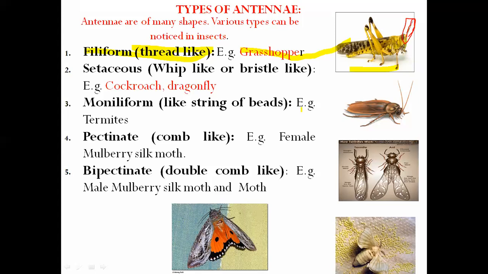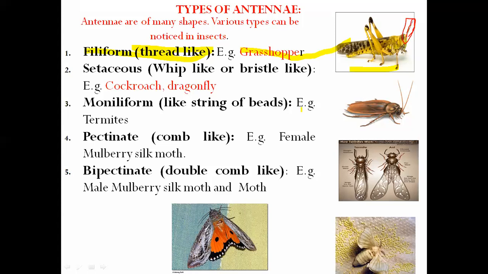In the exam, maybe match the pair, maybe objective, in our final practical examination. Because I already clarified, this topic is the same in theory and practical. During the spotting in the exam, I may show you that specimen, the grasshopper, and ask what the type of antenna is.